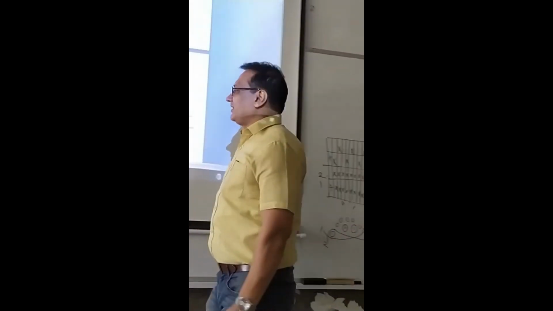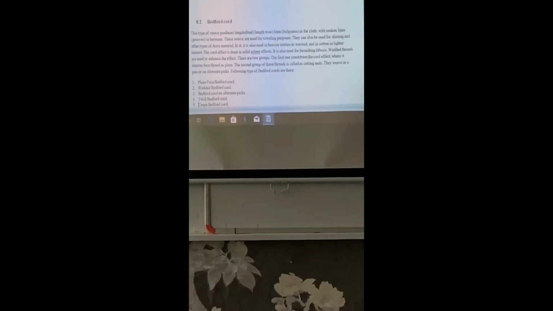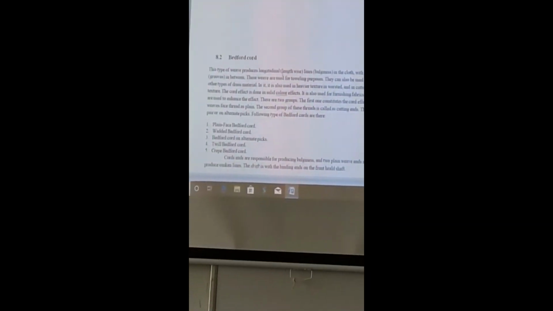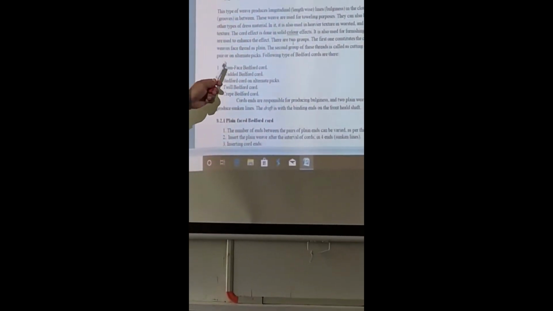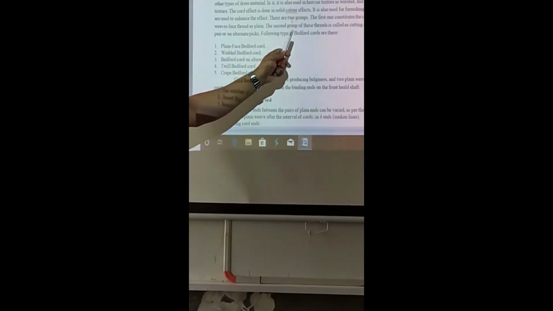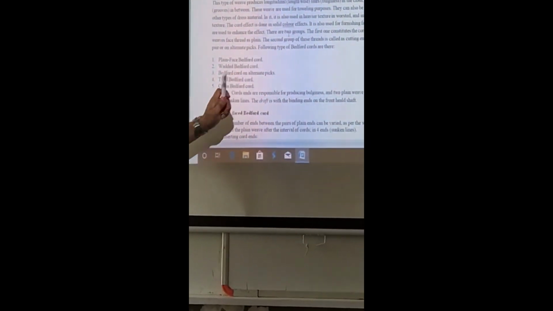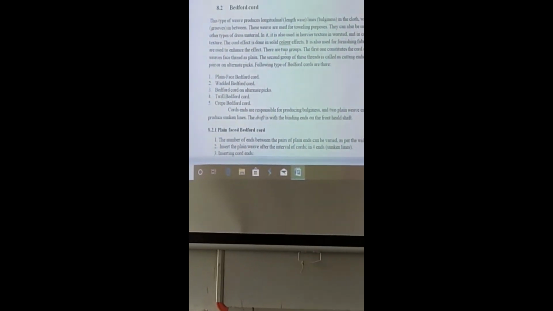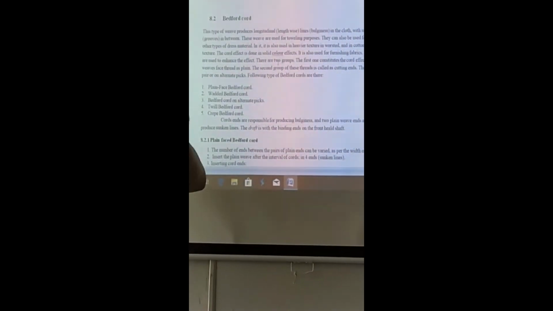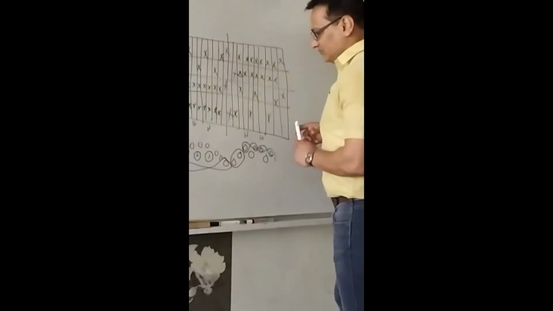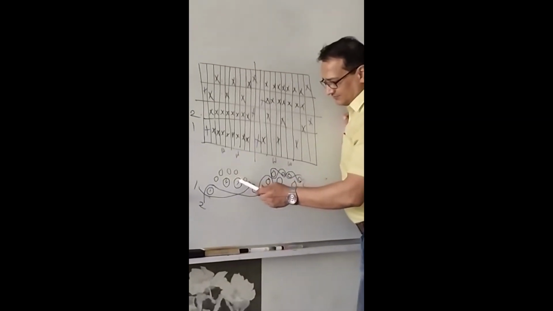So this is Bedford cord. Now normal Bedford cord, this whole thing I have already explained. So first is the normal Bedford cord. In this normal Bedford cord, if we insert inside it thick yarn between the two layers, these are the two thick yarns inserted.